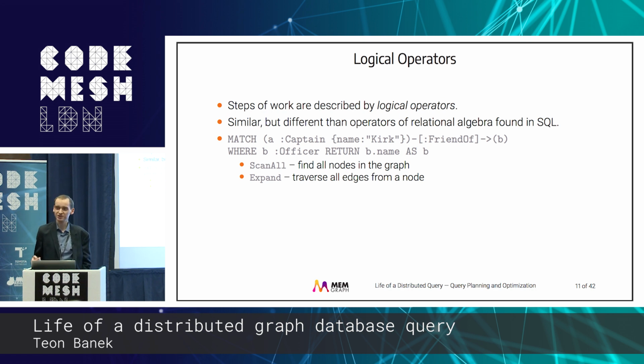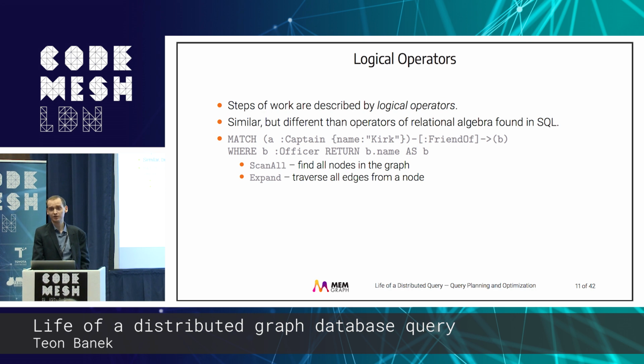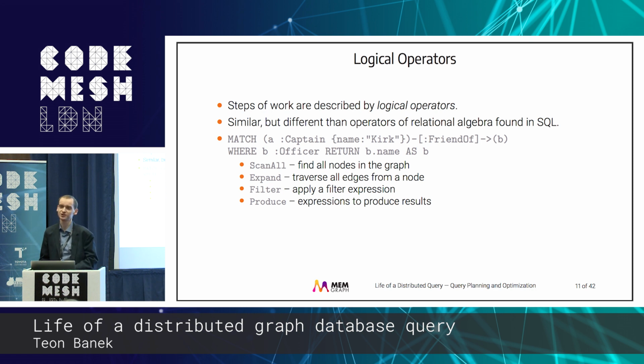It would send an RPC and then fetch the node to its own machine and perform additional computation. In our case, the additional stuff to do is a filter, which will just apply the expression. And then we can begin producing the results to the final user, which is done with produce.